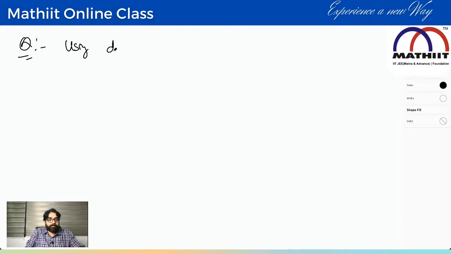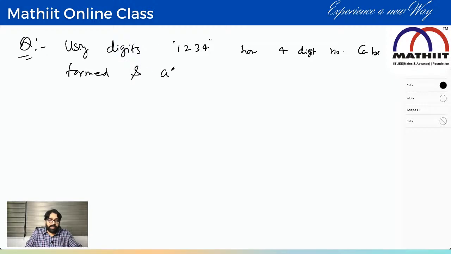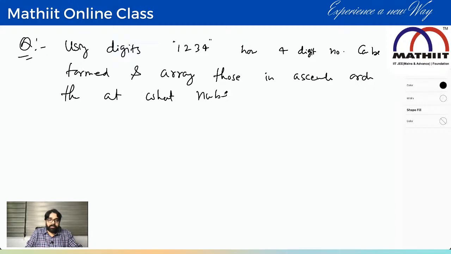Using digits 1, 2, 3, 4, how many 4-digit numbers can be formed, and arrange those in ascending order? Then at what position will 2314 come?